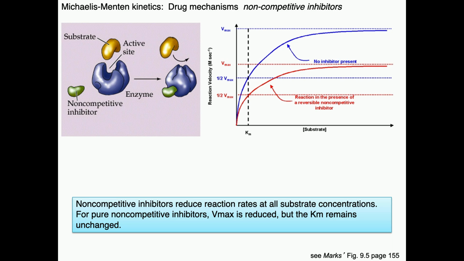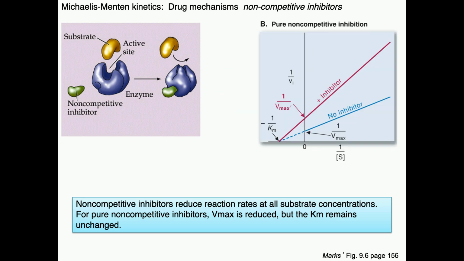The maximum potential activity of the enzyme is decreased. If we look at this on a Lineweaver-Burk plot, it's the opposite of the competitive inhibitor. The 1 over negative Km doesn't change, but the 1 over Vmax gets larger, reflecting the Vmax getting smaller.